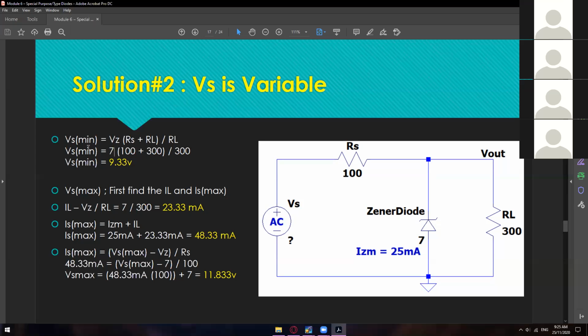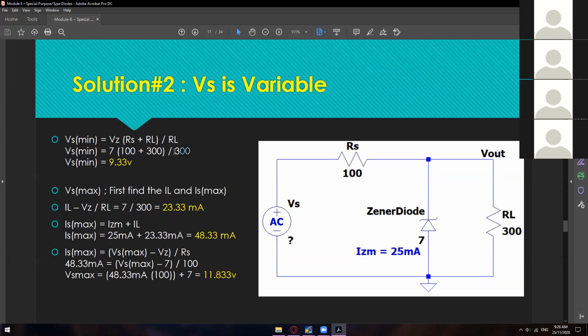So solving for the VS min, the formula for that one is equal to VZ times RS plus RL divided by RL. RS is already given, RL is also given, so just substitute those corresponding values in our formula. VZ is 7, RS is 100 plus RL is 300, divided by 300.